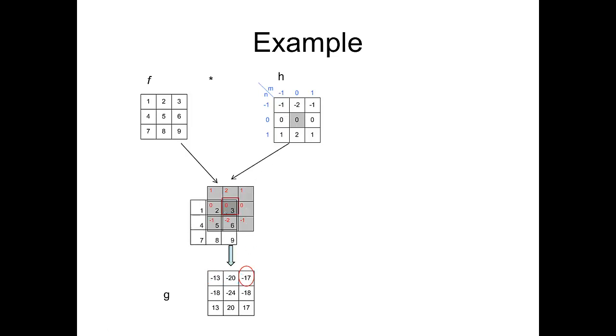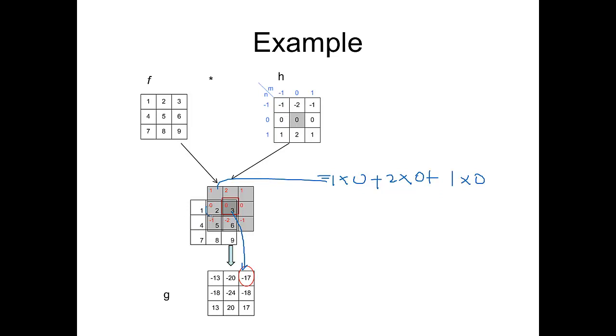If we want to get the third elements, you move the center to point to 3, then do the multiplication. For example, for this one, it's 1 multiplied by 0, because outside the f we assume it's 0. Then plus 2 multiplied by 0, then plus 1 multiplied by 0.